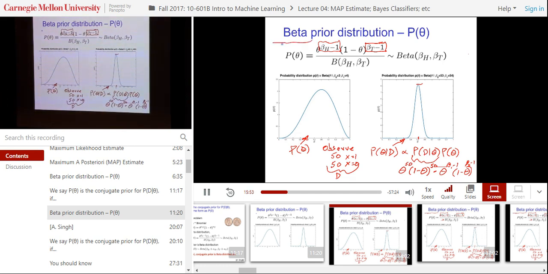We say the beta distribution is the conjugate prior for our random variable.